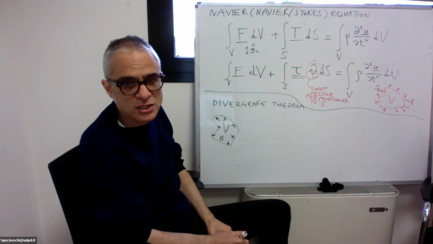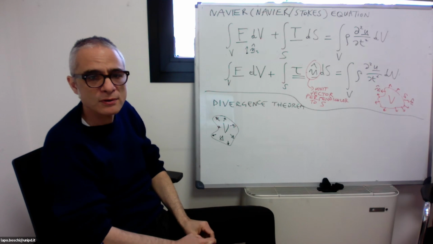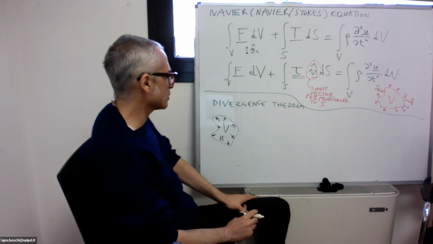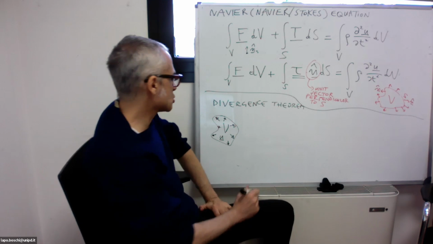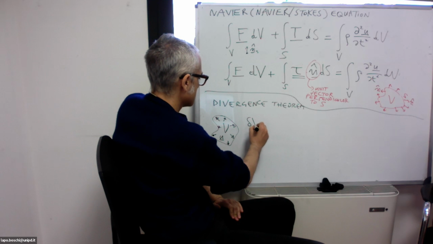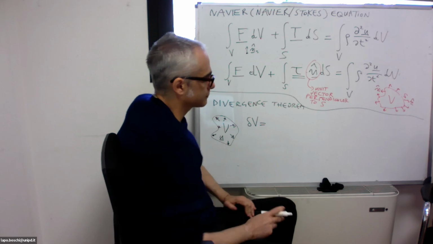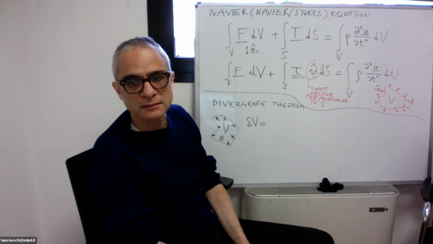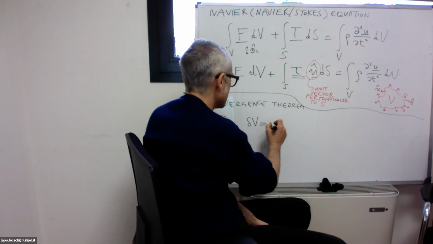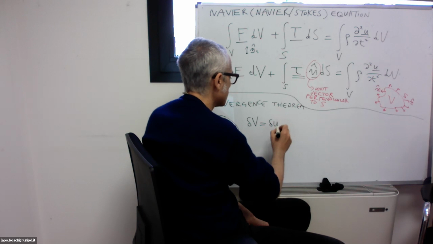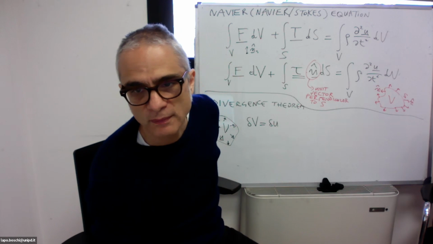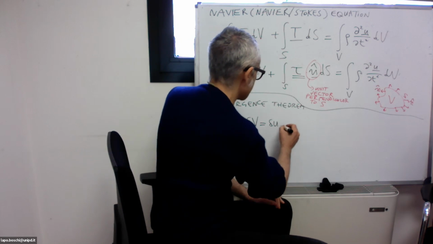So the volume changes, and if you remember, I've shown you the other day that a change in volume can be written, if you know the displacement, and I'm going to call it delta U with the delta to remind myself that we are talking about small displacement.